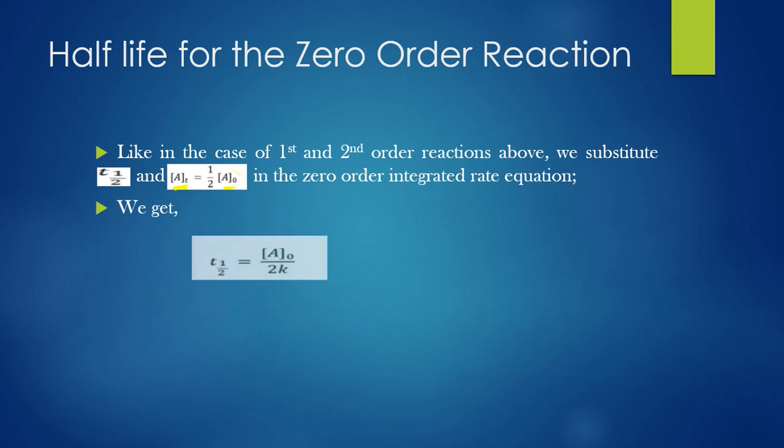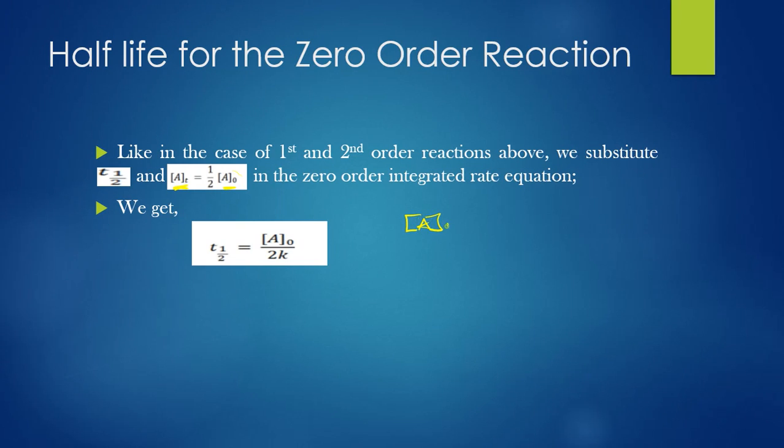So where is this coming from? We need to come up with the equation. For the zero order, we know the integrated rate equation takes this form, the one I showed there, plus the initial concentration.